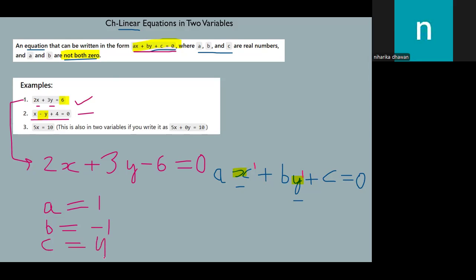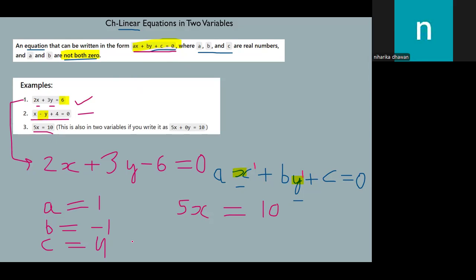Now the third example is 5x equal to 10. Here, as we can see, we don't have any term containing y. But there should be some term containing y, because a linear equation in two variables is of the form ax plus by plus c equal to 0.